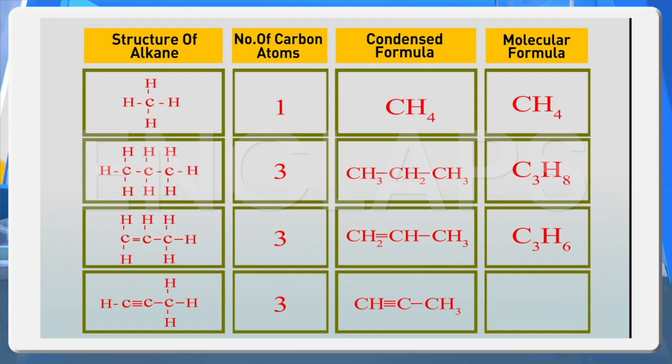Then the third carbon atom C. Then there are 3 hydrogen atoms in that carbon atom, so CH3. The condensed formula is CH triple bond C single bond CH3. The molecular formula is C3H4. Total 3 carbon atoms and 4 hydrogen atoms.